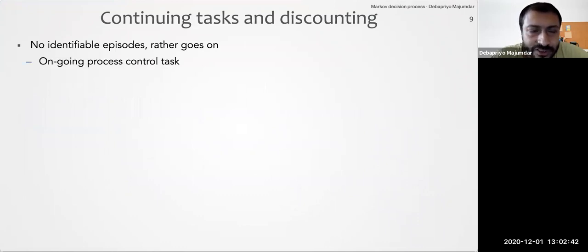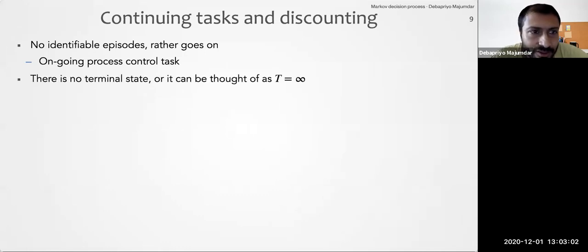For example, an ongoing process control task, or maybe you are training a news recommender system using reinforcement learning, some personalization task, where how the user reacts is your environment. Often there is no reset of that sort. There is no terminal state, or you can think of the termination time step T as being infinity.